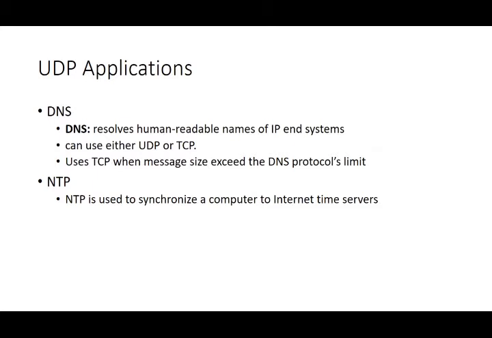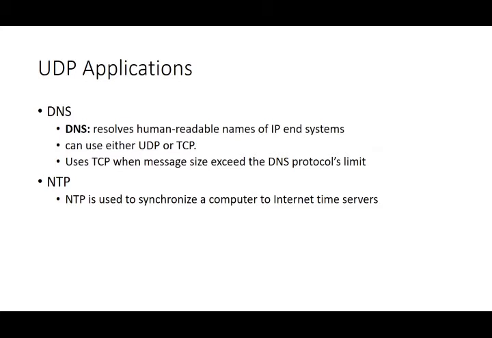Another protocol is DNS, the domain name system. This resolves IP addresses from human readable names. So, for example, www.abc.com has an IP address associated with it. When we type in abc.com and hit enter in our web browser, we are going to use the DNS application in the background to figure out what the IP address of abc.com is, so that we can actually send the request to the right place. DNS can use either TCP or UDP.